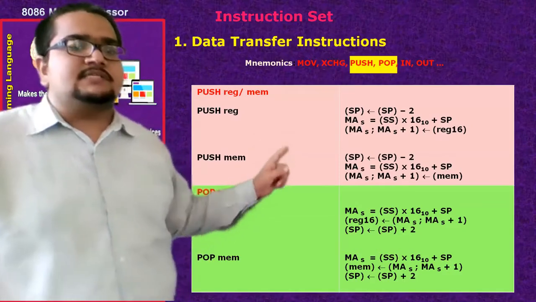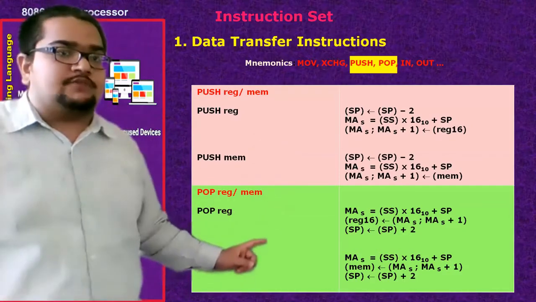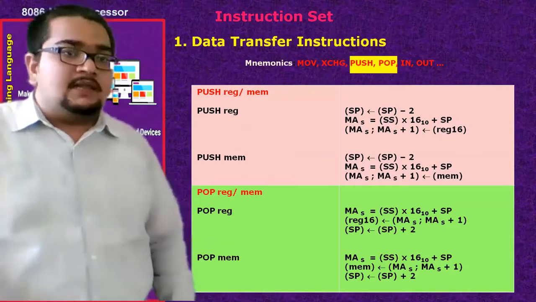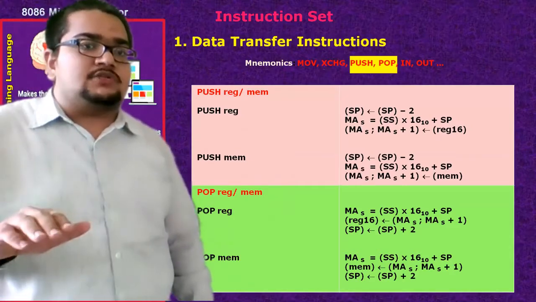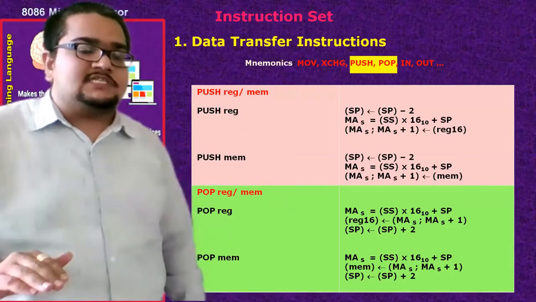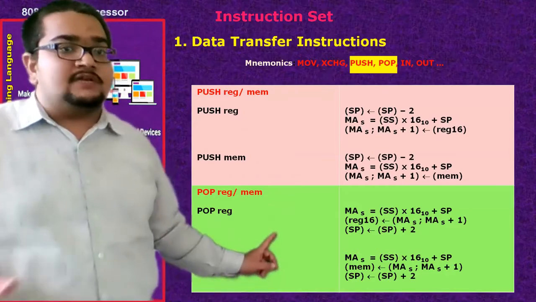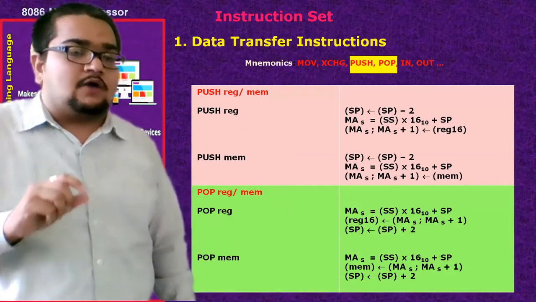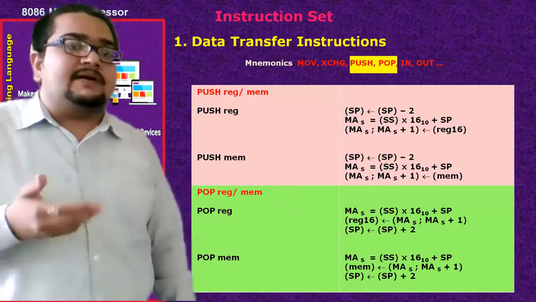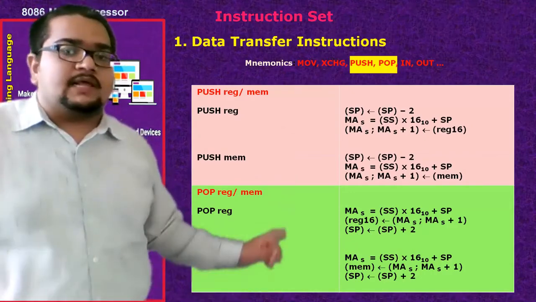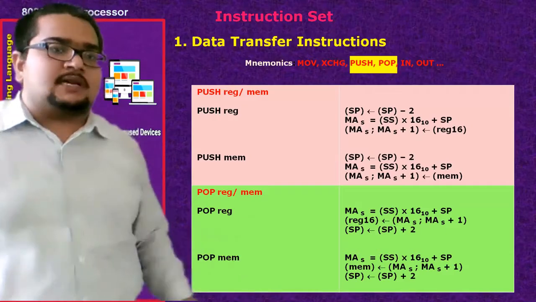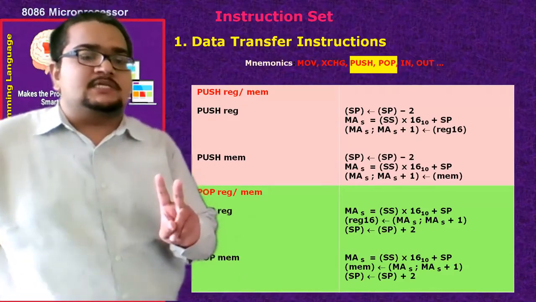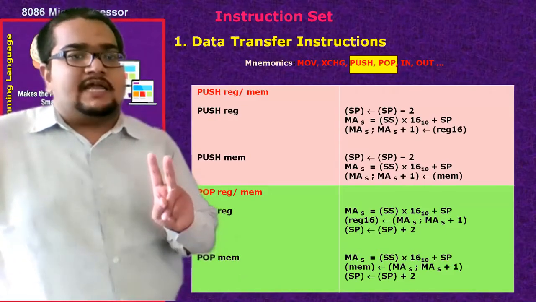Okay, likewise, pop is the inverse operation of push. Push will store the data onto the stack and decrement the stack pointer. Pop will do the inverse, it will take the data out from the topmost of the stack and increment the stack pointer. So when I write pop register, 2 successive bytes which are pointed to by SP are moved.